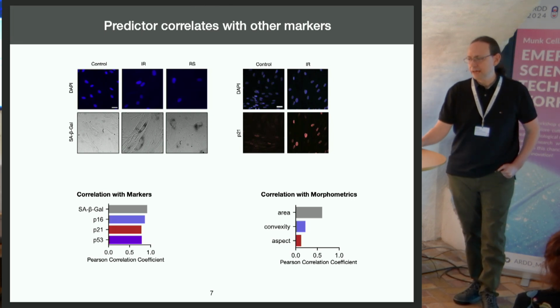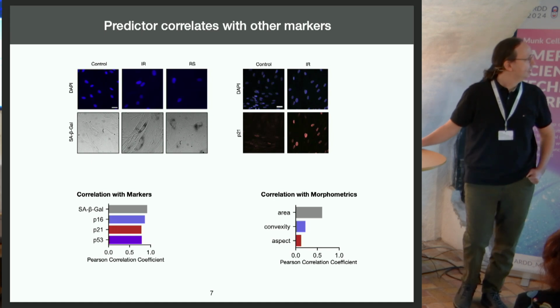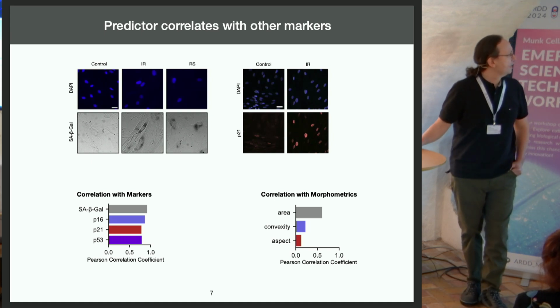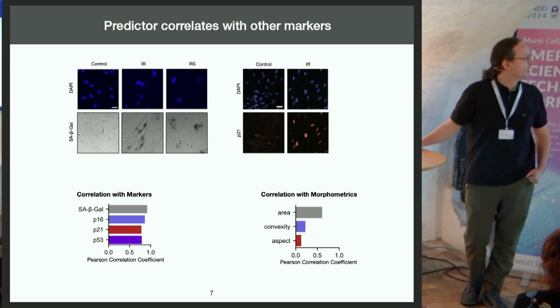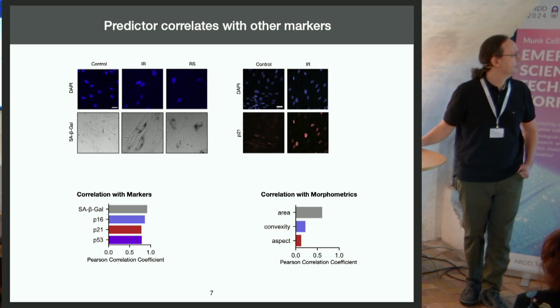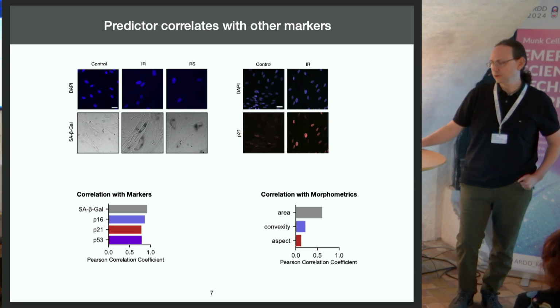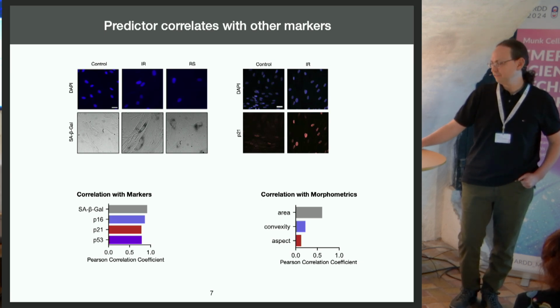Then we compared the senescence predictor to some of the more traditional markers that senescence is often associated with. The images at the top show DAPI-stained nuclei along with SA beta gal, which is a common marker, as well as P21. We looked at the correlation in the lower left corner, and we found very high correlation for all of these traditional markers of senescence: SA beta gal, P16, P21, and P53.